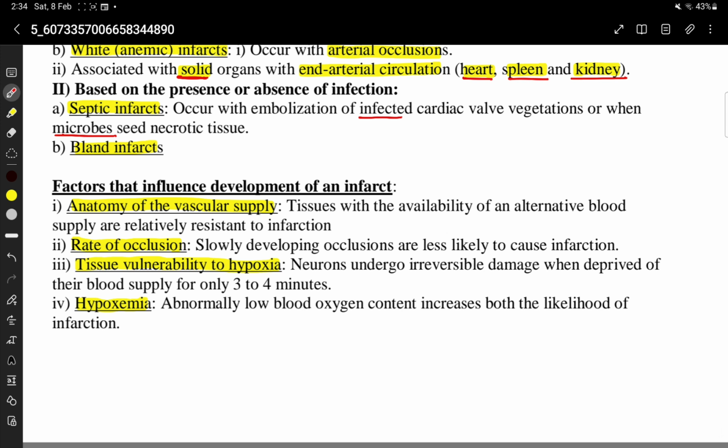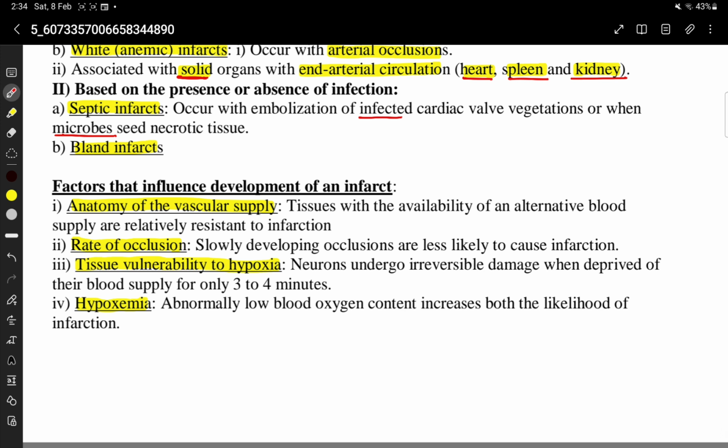Rate of occlusion. Slowly developing occlusions are less likely to cause infarction. Tissue vulnerability to hypoxia.